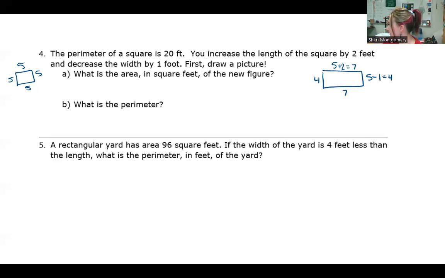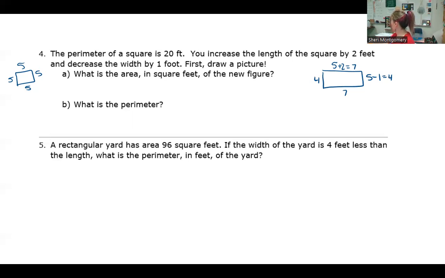Did everybody see what I did there? All right, got 2 minutes. Figure out the area and the perimeter. You got a picture, draw the area and perimeter now. That's the new one. Yep.